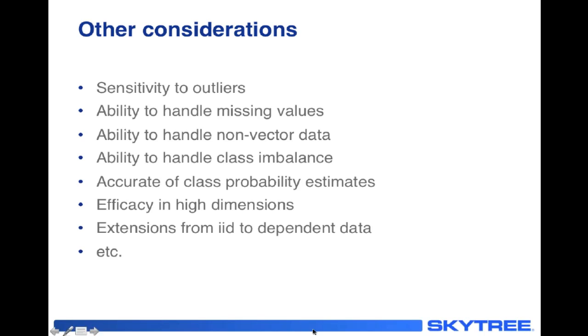Others cannot. The ability to handle class imbalance. This is where in a classification problem, you have one class that you have many, many more data points in than the other.